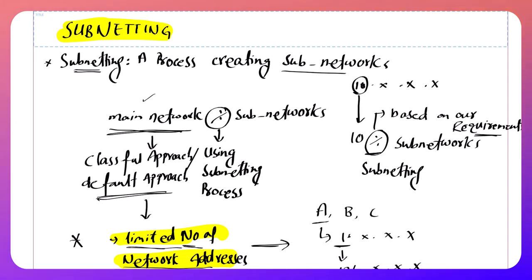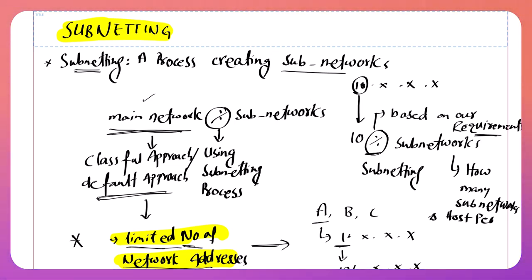Based on our requirements means like how many subnetworks are required, and how many hosts per subnetwork are required.